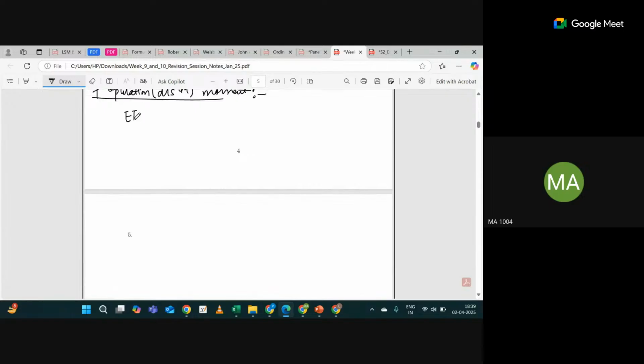The expected value of x is called the first moment, right? The expected value of x square is called the second moment, and similarly the expected value of x cube is called the third moment, and so on. We have seen, right?